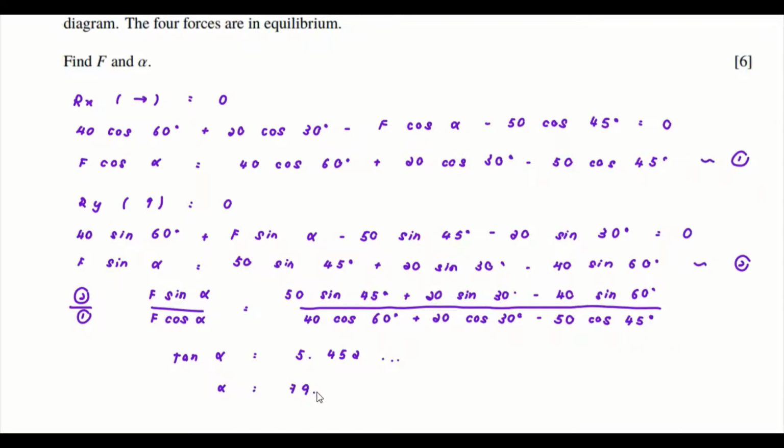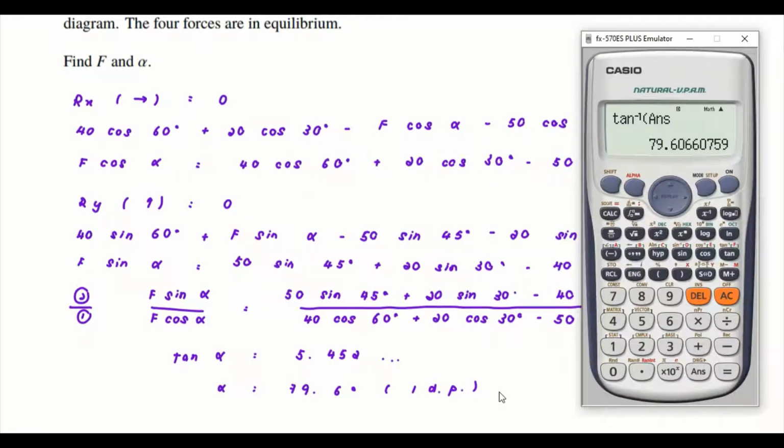One decimal place, 1 dp. You might want to keep your answer in your calculator, because you are going to use it to continue to solve for your F, to make sure that you have the non-rounded angle so you get a more accurate answer.